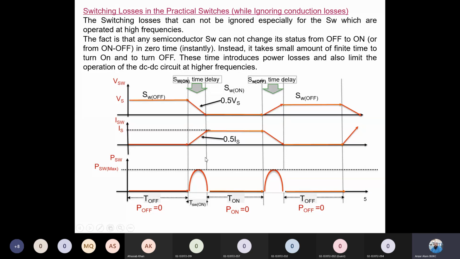Since we are not doing any research, the power electronics you are being taught is very light power electronics, because you are undergraduate students, so we always try to assume something for the sake of simplicity. So of course, if you look in an oscilloscope, you will not find this linear, but it's almost approximate to linear, what I will say. I cannot say it's linear, but yes, we are assuming that these are linear transitions, right?